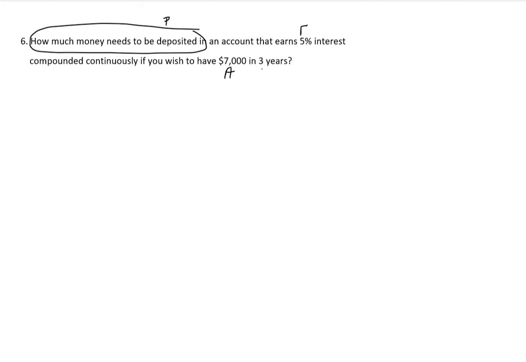That's A. And T is 3. So my formula here, A equals P e to the RT power. A is 7,000. P is what I'm looking for. R is 5%. And T is 3.